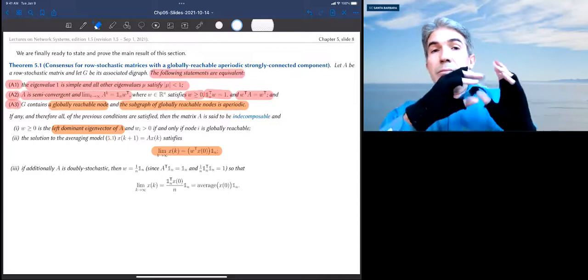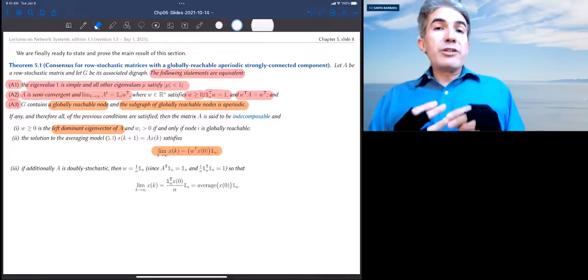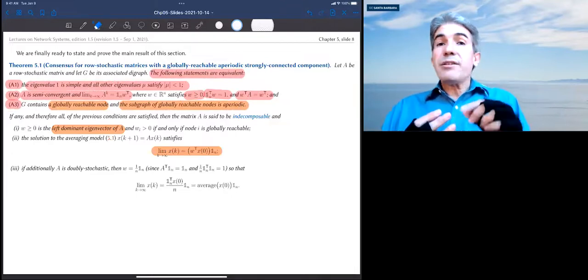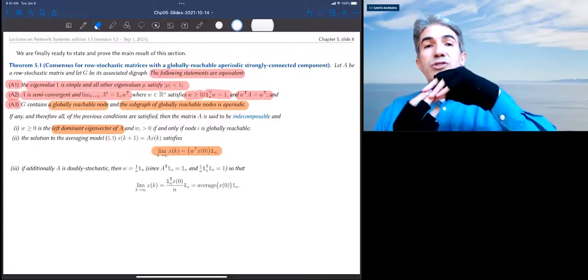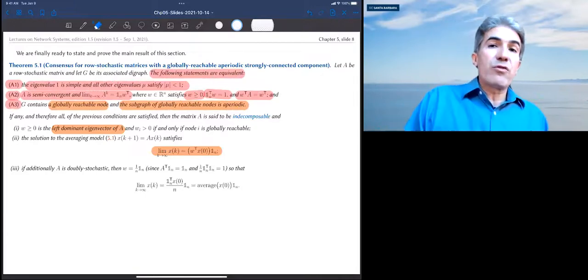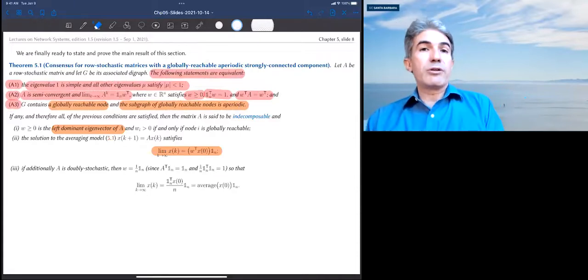So that means that, additionally, if a node is not globally reachable, I cannot possibly find a path from a node in the globally reachable subgraph to a node outside of the set of globally reachable nodes, because otherwise that node outside would also be globally reachable.